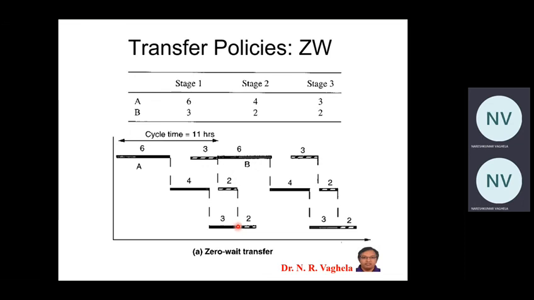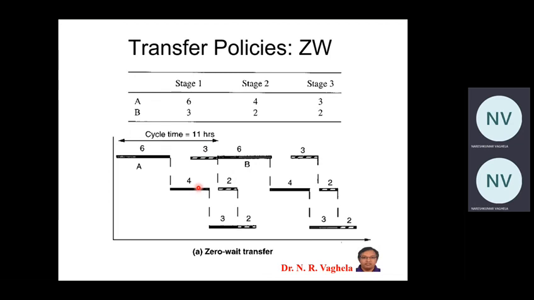Now there is a trick in product B. For product B, stage 1 has 3 hours of processing time. If we start product B immediately after the 6 hours, we can start product B. If we start product B after 3 hours, there is a 1 hour gap.